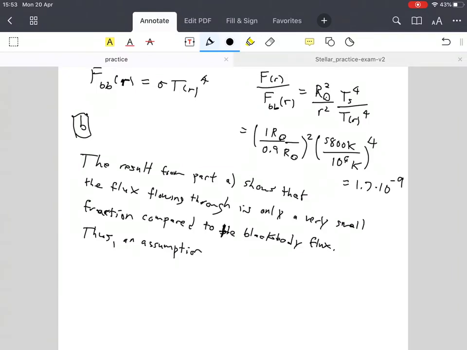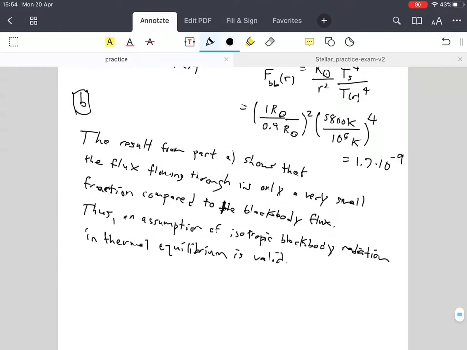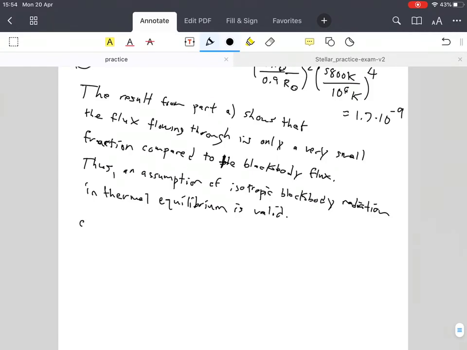Thus, an assumption of isotropic black body radiation, we could say in thermodynamic equilibrium, is valid.